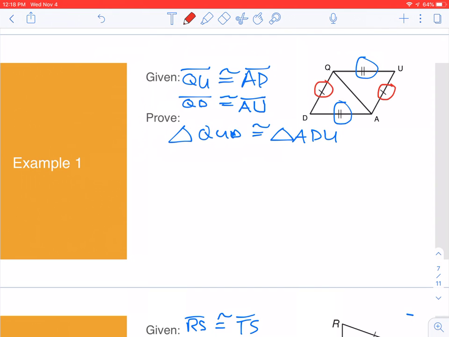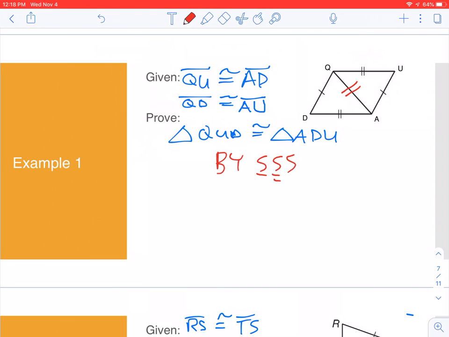Now, I am trying to prove by side, side, side. I only have two sides. I need one more side. And we're going to look at this picture, and we're going to mark our last side.